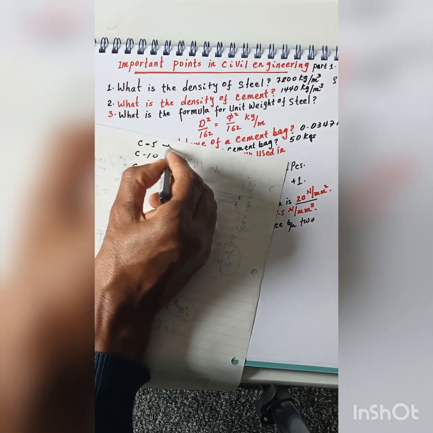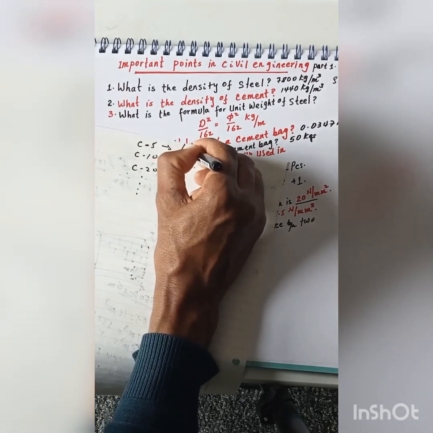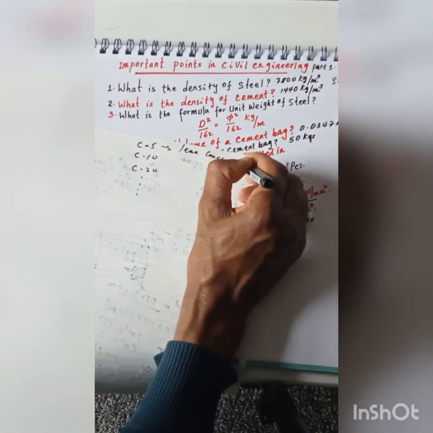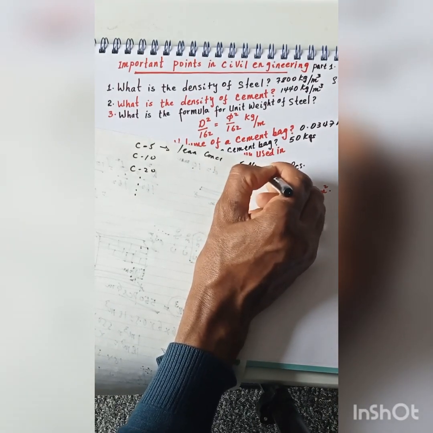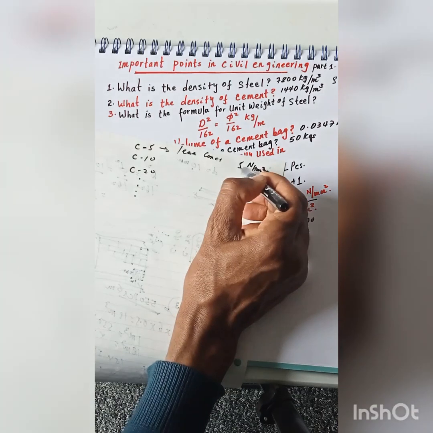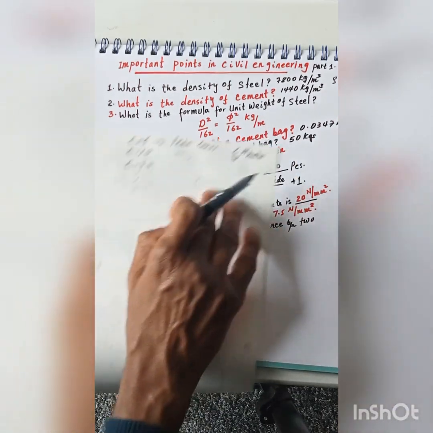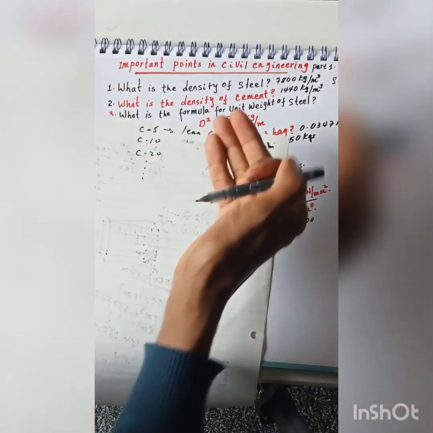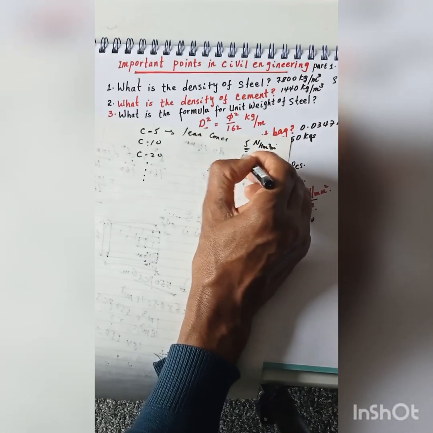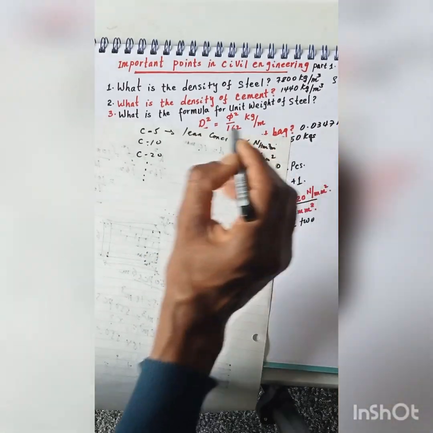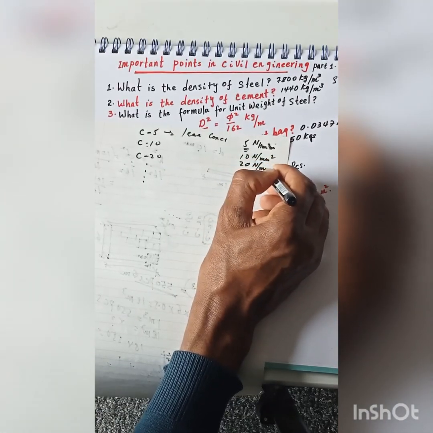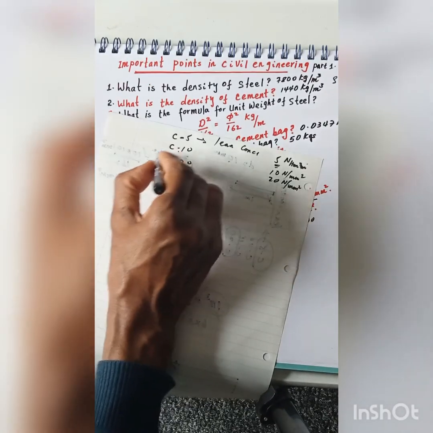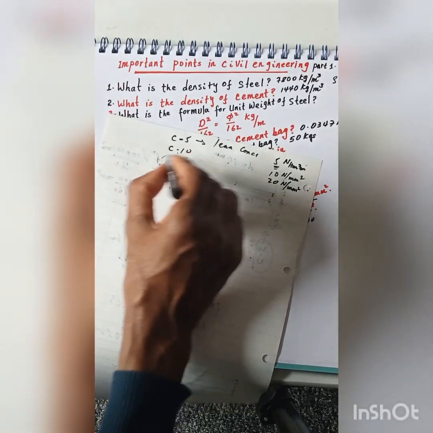For lean concrete it is 5 Newtons per millimeter squared, the minimum value. C10 is a little stronger, 10 Newtons per millimeter squared. And then C20, 20 Newtons per millimeter squared. This is mostly used, as we have said, for the construction of slabs.